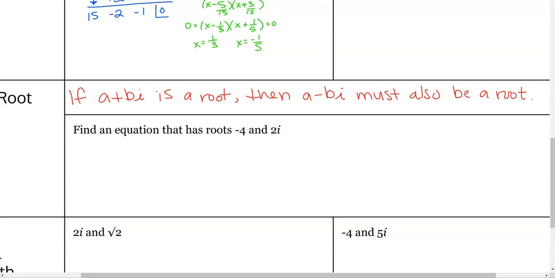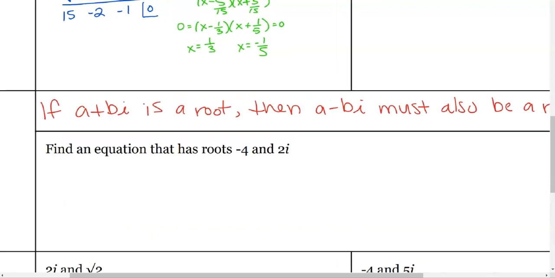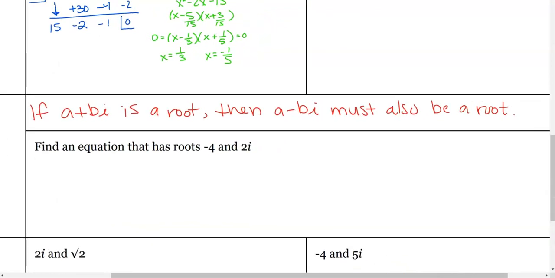Think about it. What do i's come from? Negative square roots. When we square root something, don't we always have two answers? A positive, negative something? So if I got a root that had an i, he should have a friend. He should have a partner.